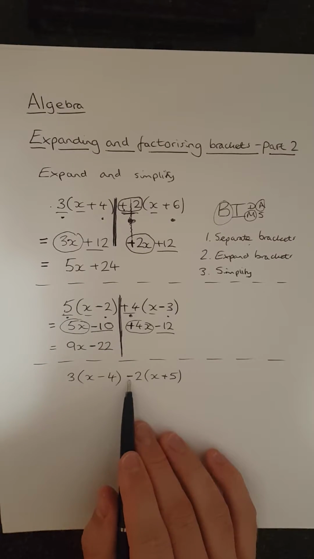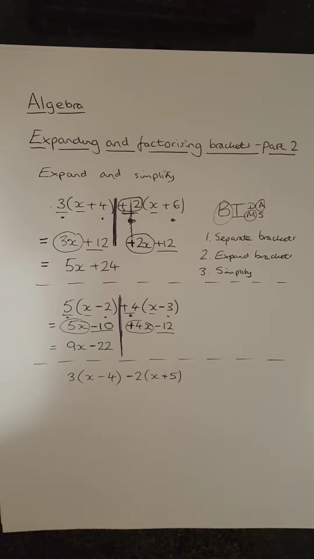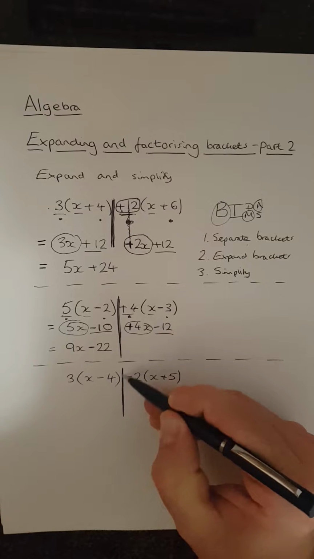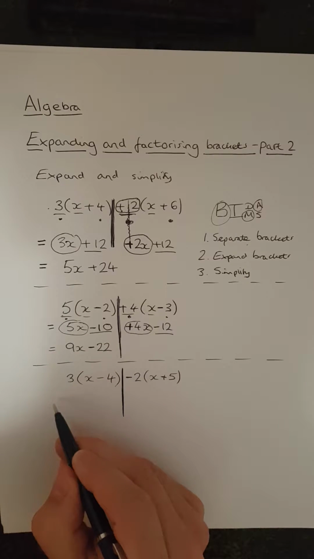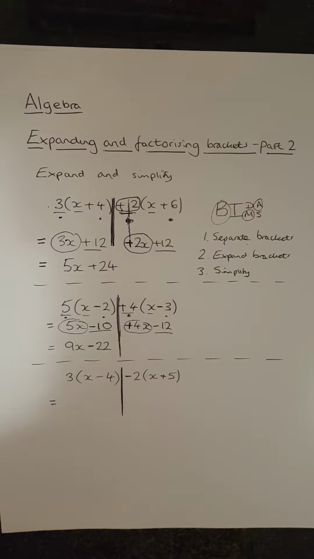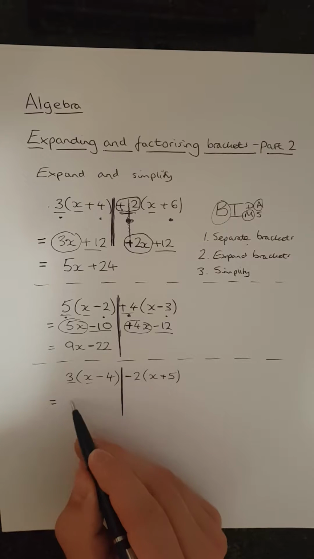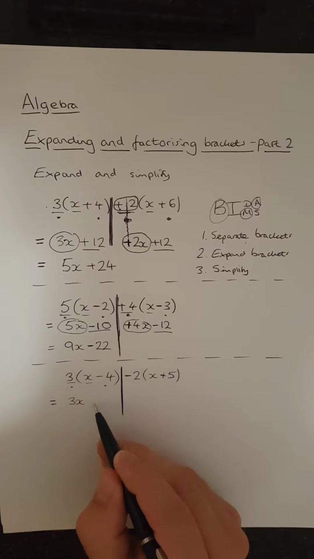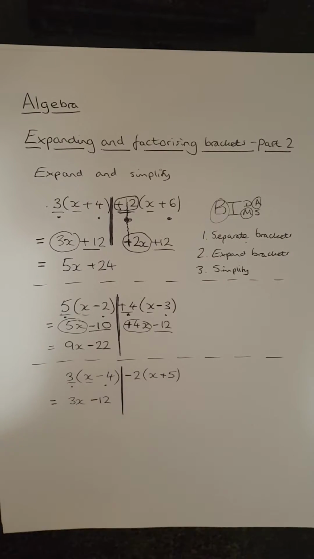You can see now we've got a negative here, which is something new. Put the equal sign in place. 3 lots of x is 3x. 3 lots of minus 4 is minus 12.